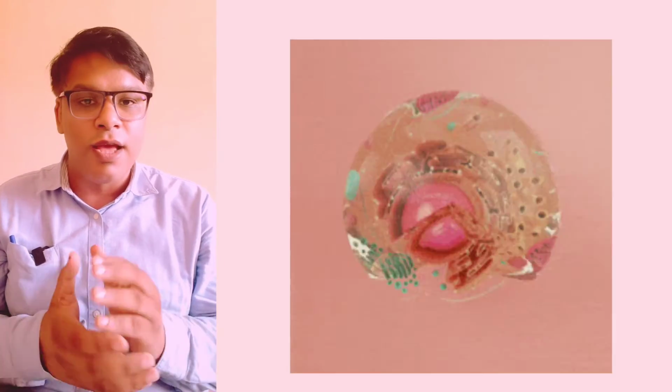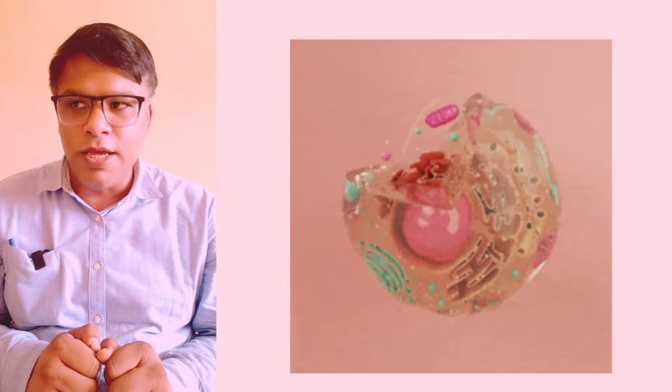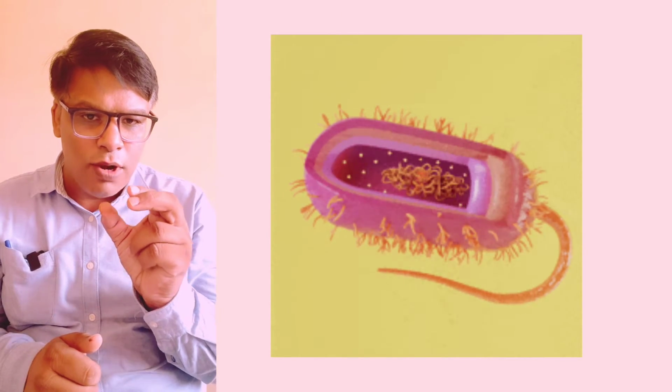You must know the cell. Let's take an animal cell. If you compare it with a bacterial cell, the bacterial cell is small in size and the animal cell is bigger. And if a cell is big, it is going to have compartmentalization.